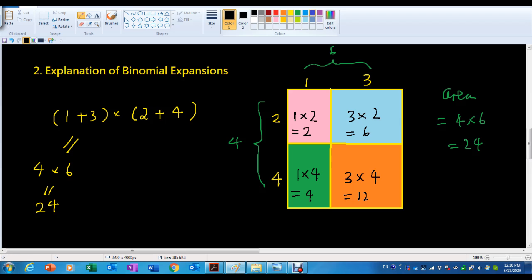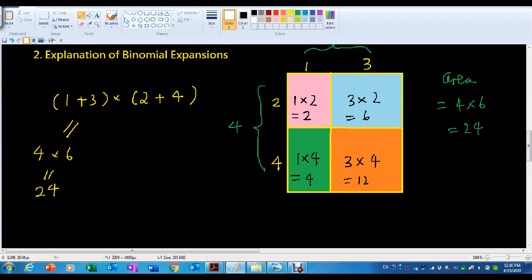So if we add all these numbers together, 2 plus 6 plus 4 plus 12, you still get the same answer, right? So that means there's at least another way to find the area.